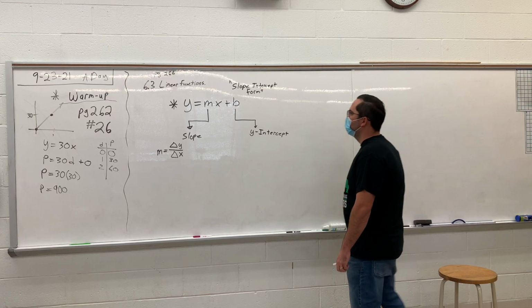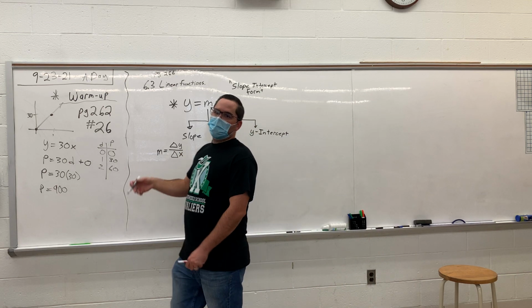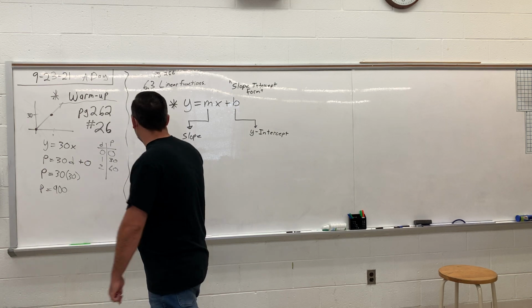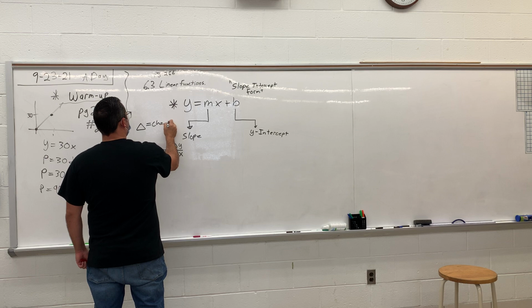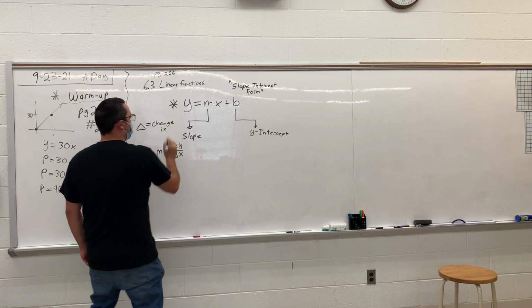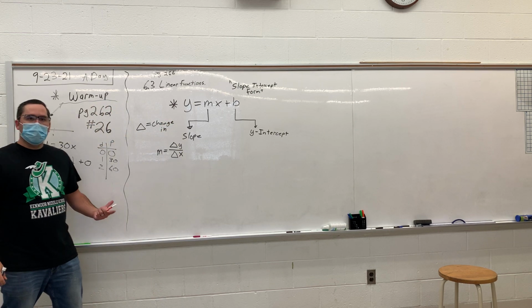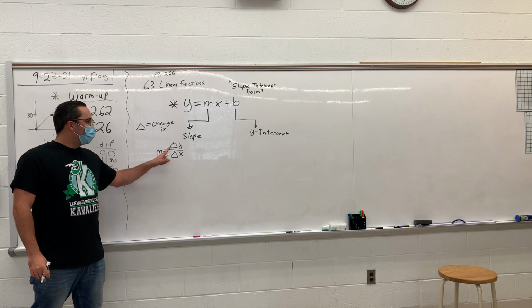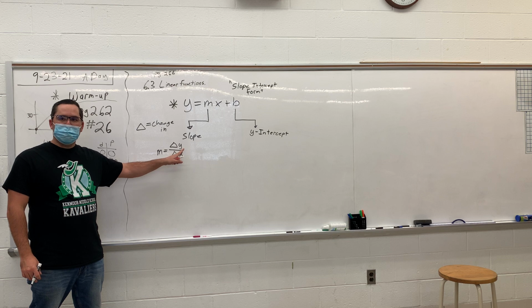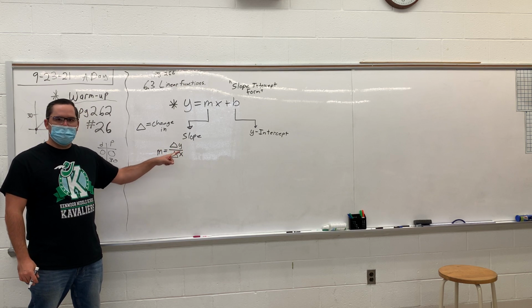Okay, anyways. Delta is a symbol that represents change in. So basically what we're doing is the slope of a line is represented by the change in the y variable divided by the change in the x variable.